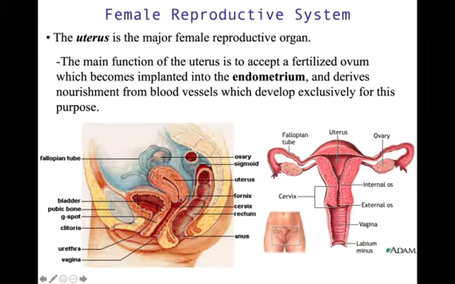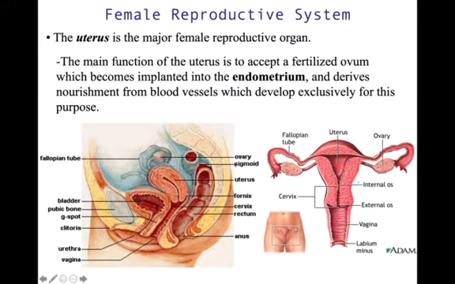All right, so the next part is this pear-shaped structure. This pear-shaped structure here is called the uterus. And the uterus, its sole function is what? This is where the baby is housed and protected during pregnancy, when the embryo, the fetus, the baby is developing.